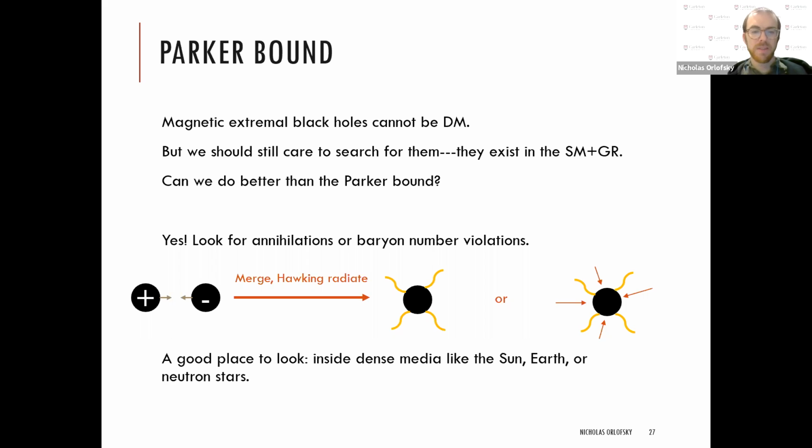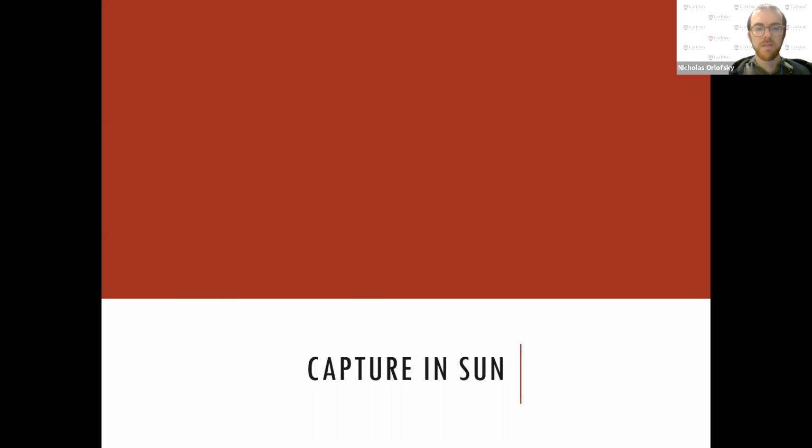It turns out the best place to look for these sorts of things is in dense media, where you can get a lot of these things together and promote these processes to happen much quicker in a small amount of space. That would in particular be the sun, Earth, or neutron stars. So let me talk about capture in the sun first, and a lot of the other things are going to follow somewhat straightforwardly from that.